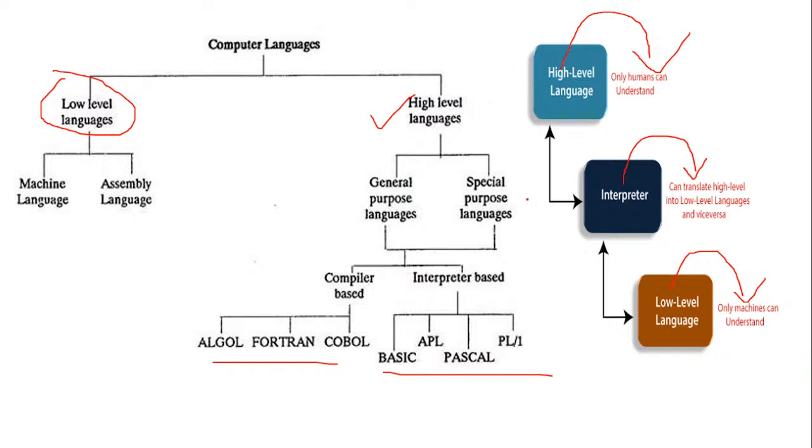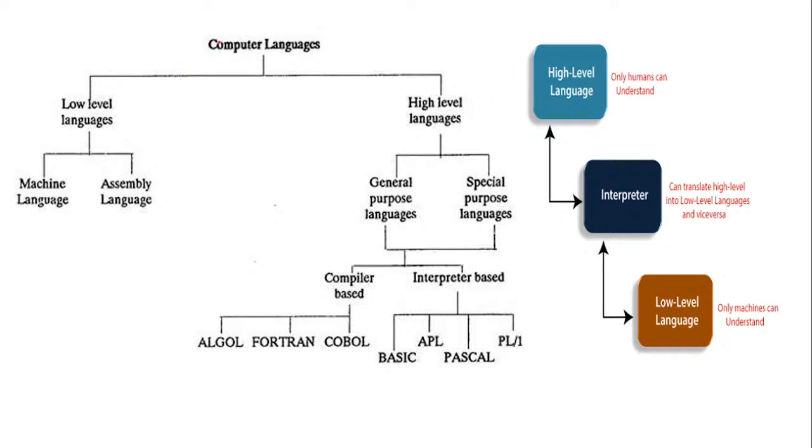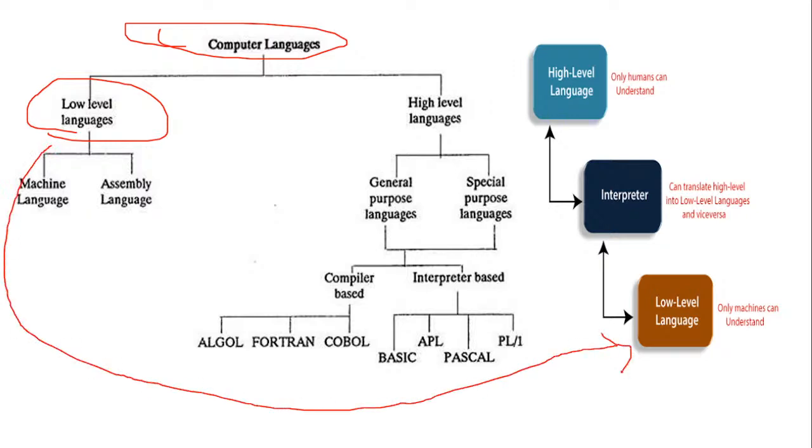So computer languages are divided into two: low level, understood only by machines, and high level, understood only by humans. Obviously, since one is understood only by humans and the other only by machines, there has to be a translator which can get the languages understood by both.